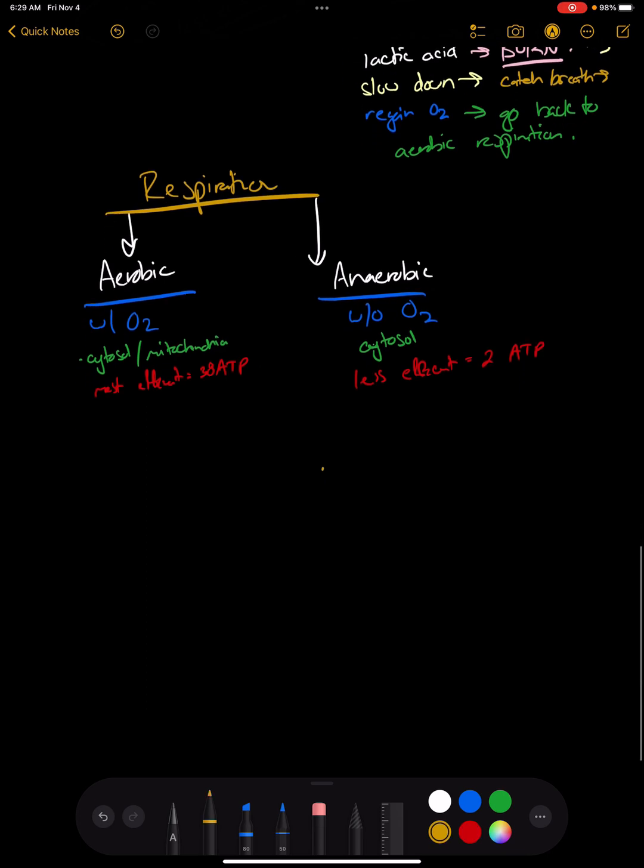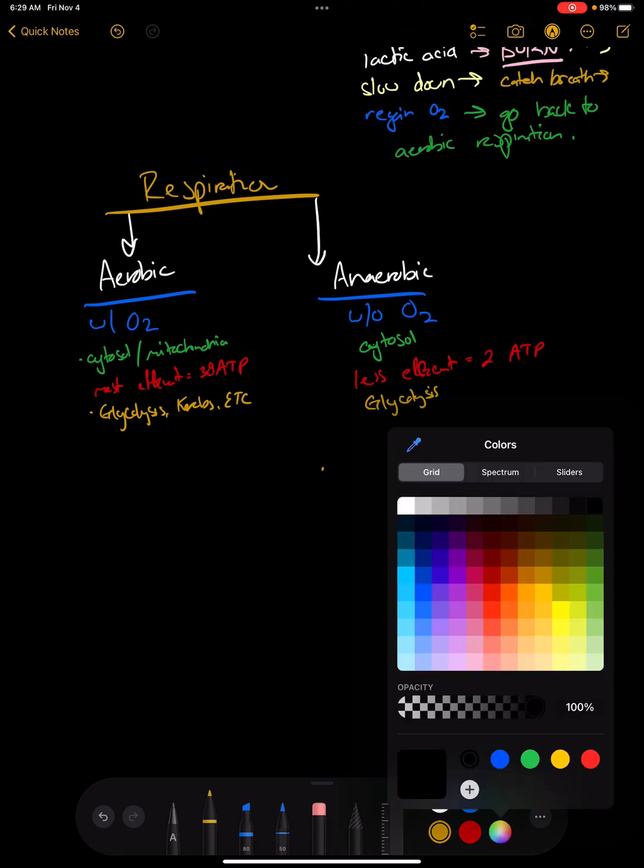In aerobic respiration, I get to go through 3 steps. Glycolysis, Krebs, electron transport chain. In anaerobic respiration, I only get to go through glycolysis. That's why it is way less efficient.